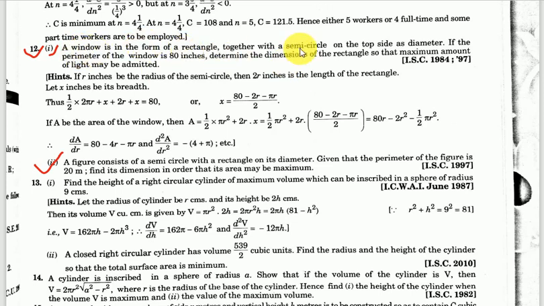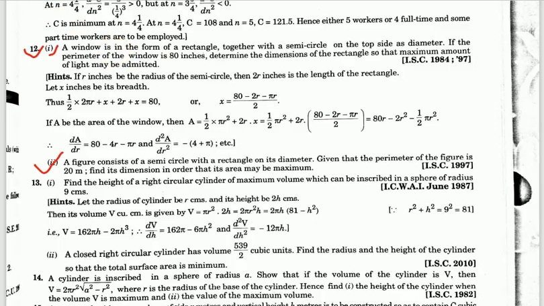Next they have given you the perimeter of the window, that means the length of its boundary. What we have to determine is the dimensions of the rectangle. We have to find what should be the length and breadth of the rectangle so that the maximum amount of light may be admitted. You will get the maximum amount of light when the area of that rectangle is maximum.